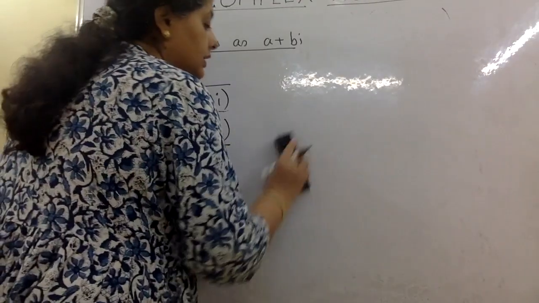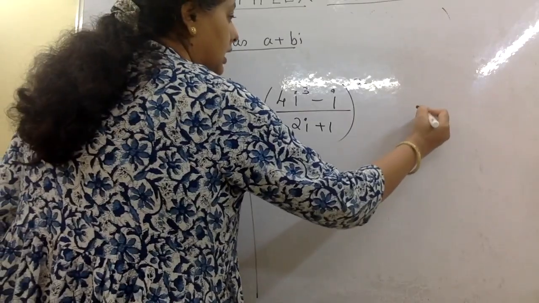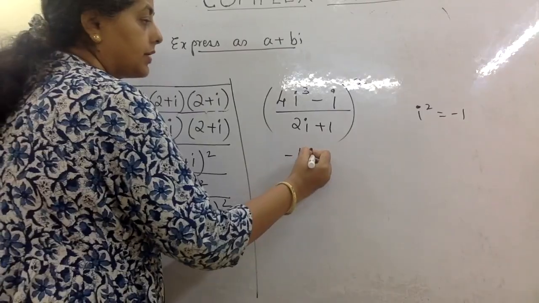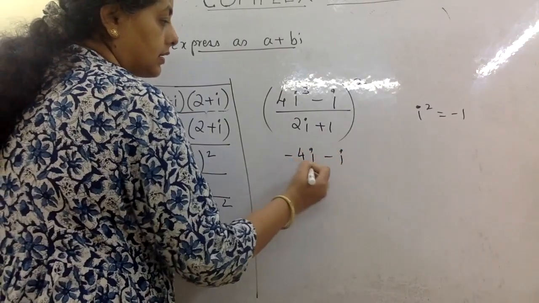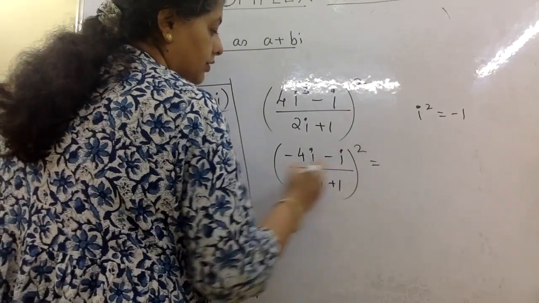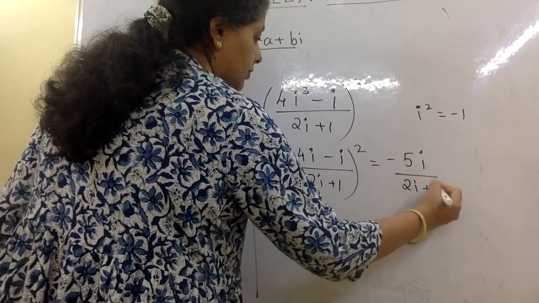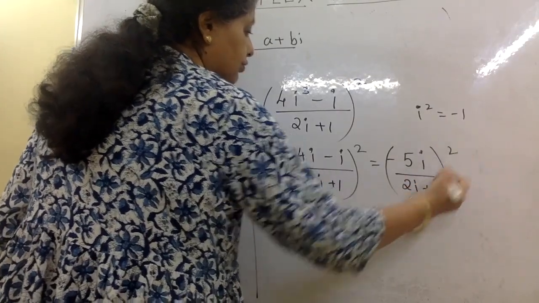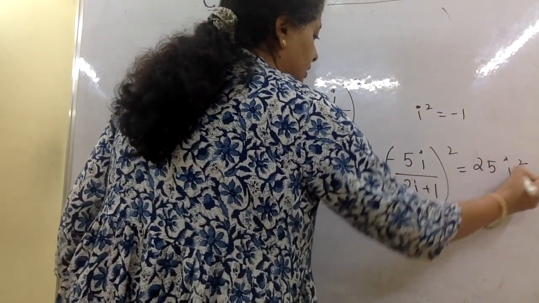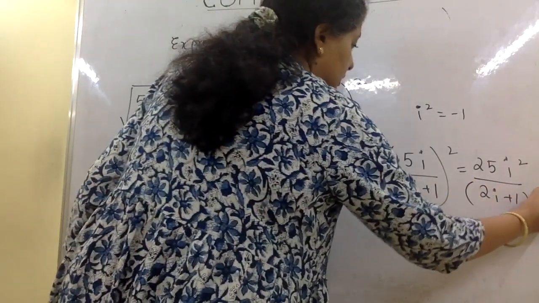Next question, let's see. So this is my next question. i square is minus 1. So minus 4i minus i, by 2i plus 1. This is a square, which is minus 5i over 2i plus 1. This is a square, which is 25i square by 2i plus 1 whole square.